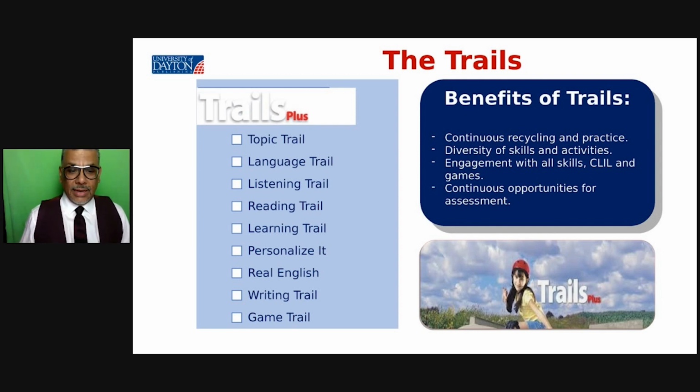In the language trail, we will be understanding this context, but also the grammar and probably the lexical set before we get to the listening and reading trails. We call them trails because these are like paths that you complete before you get to a certain destination.